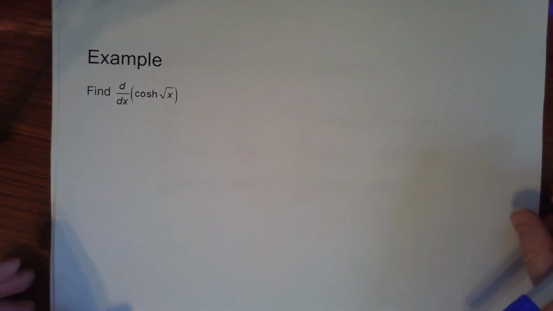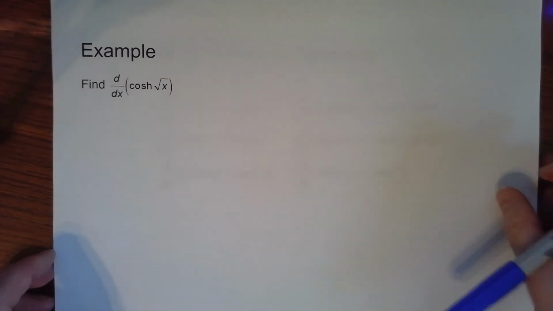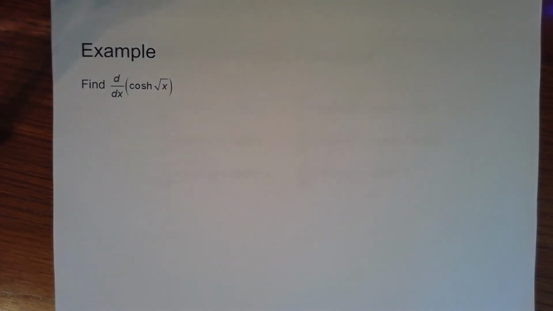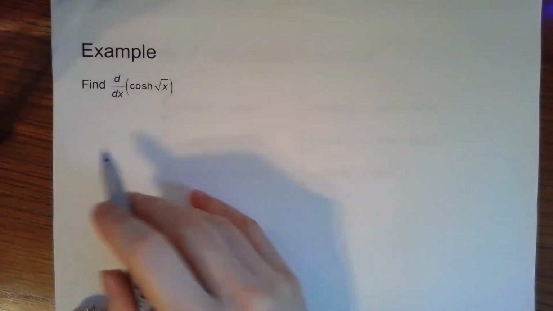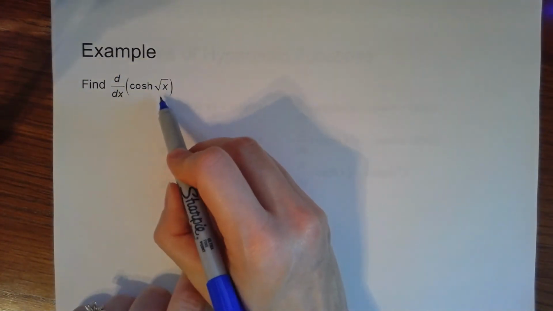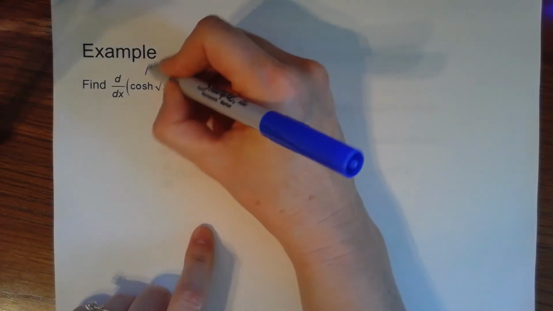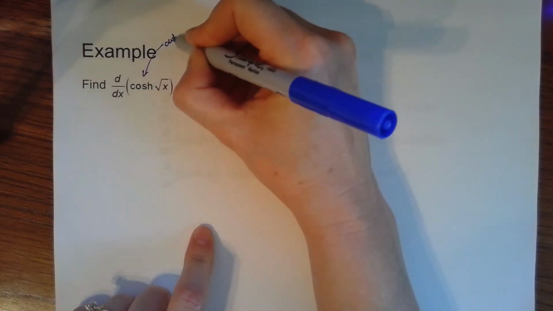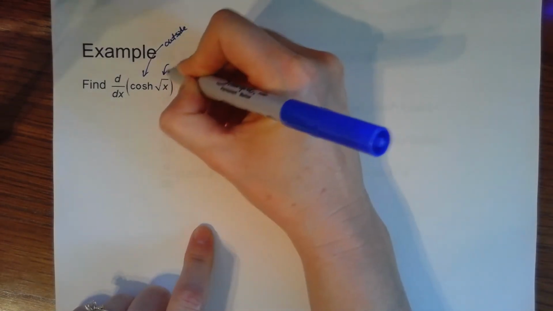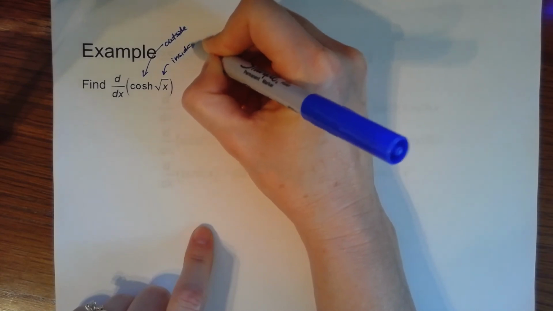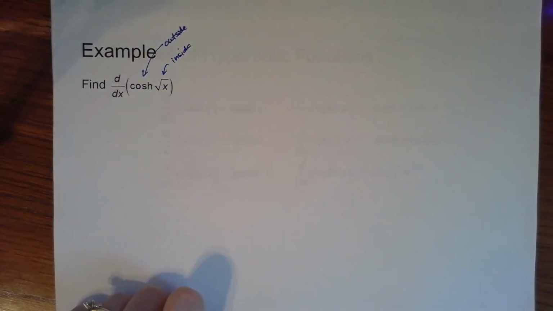Let's just do an example of how we might go about doing a derivative where we have to actually use the chain rule. Okay, so we want to take the derivative of the hyperbolic cosine of the square root of x. All right, so this is our outside function, and this is our inside function. Since we have a composition of functions, we'll always work from the outside in.